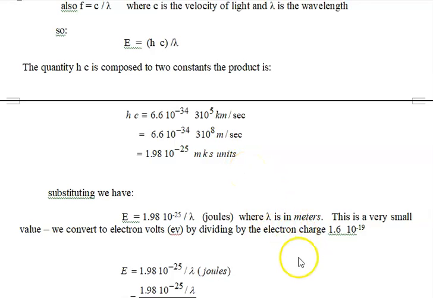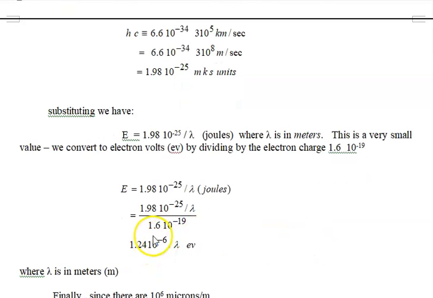We would like to change that to the atomic world, and to do that, just as we did in our first session, we divide by the electron charge, 1.6 times 10^-19 coulombs per electron. After we do that, we get 1.24 times 10^-6 over lambda, and now the units of energy are in electron volts, but lambda is still in meters.